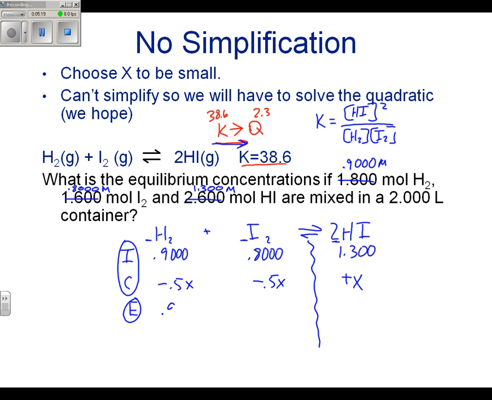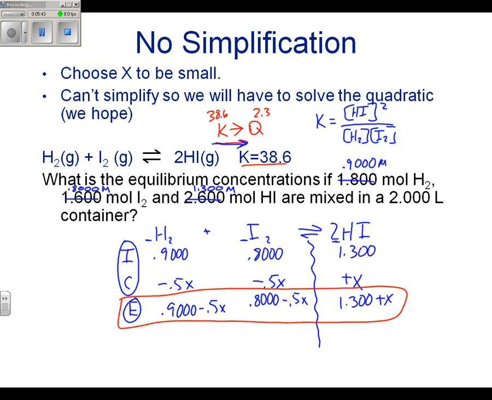And so that's 0.9000 minus 0.5x. For I2, it's going to be 0.8000 minus 0.5x. And for HI, it is going to be 1.300 plus x. I'm going to take these equilibrium concentrations, and that is what I'm going to plug in to my equilibrium expression.